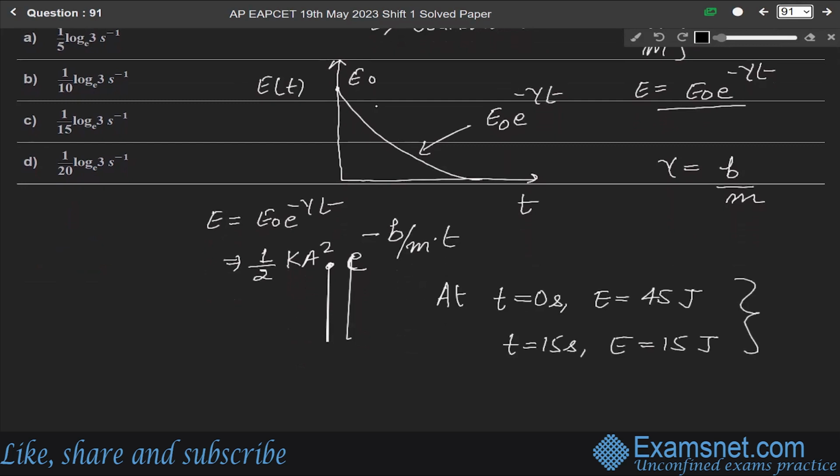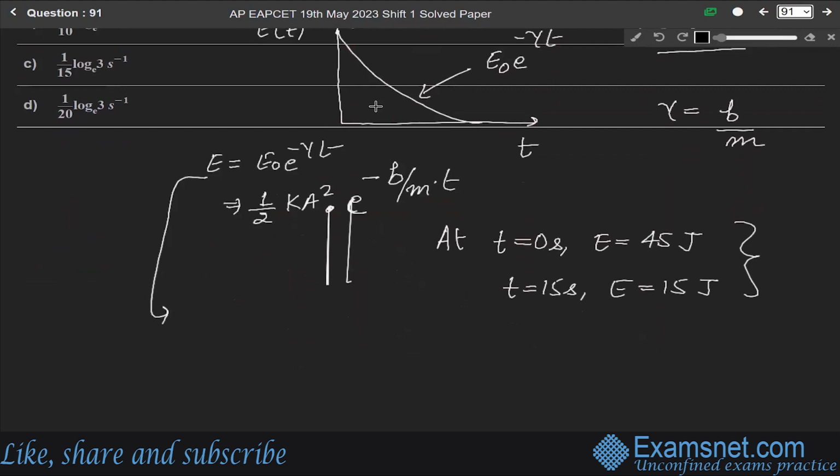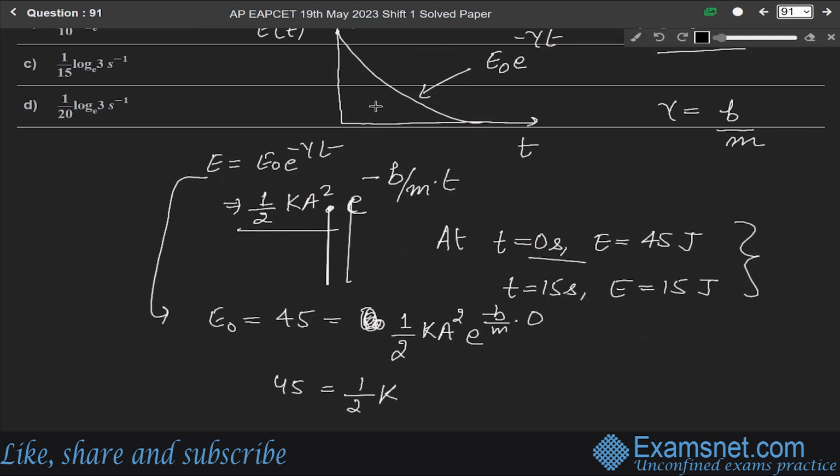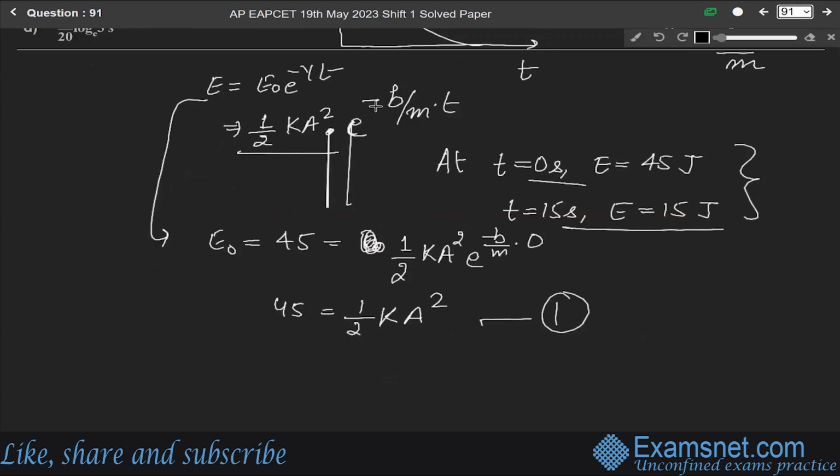Using these two conditions, we write the energy. At time 0 second, E equals E naught, which is 1 by 2 k A square, so 45 equals 1 by 2 k A square. Let us say this is equation number 1. Now for the second condition, when t equals 15 second, E equals 15 joule, so 15 equals 1 by 2 k A square e to the power minus b by m into 15. Let us say this is equation 2.